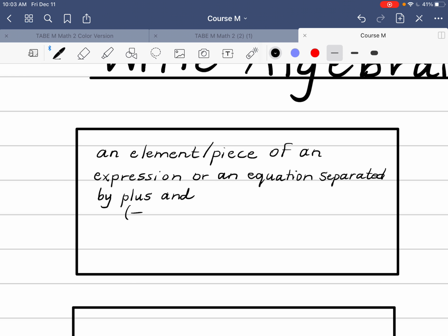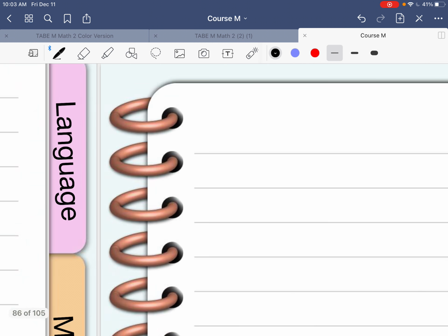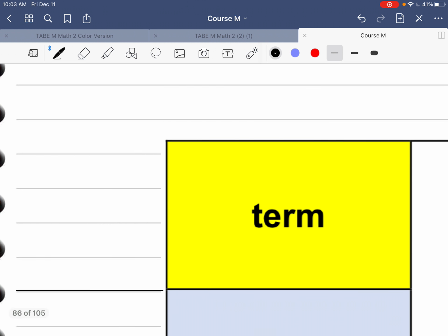Remember, plus looks like that. Minus looks like this. Okay, so let's look at some examples of terms.